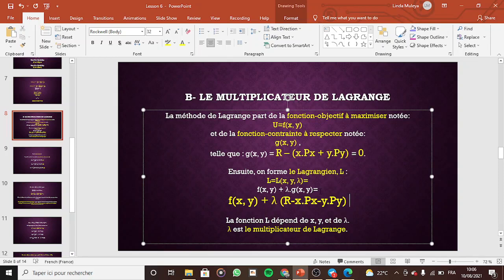We'll see how to apply that as we go on, which brings us to this final equation here: f of x and y plus Lagrange multiplied by R minus x times price of x minus y times price of y, which is the same as the function of budgetary constraint.